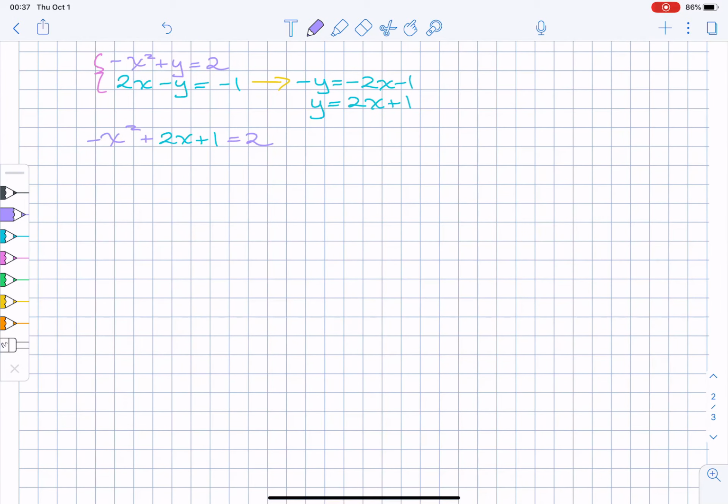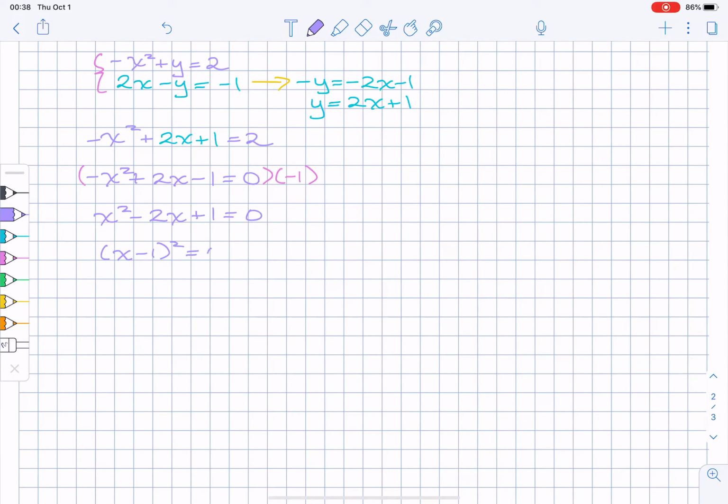So subtracting 2 from either side, we get negative x squared plus 2x minus 1 is equal to 0. Multiplying through by a negative 1, we get positive x squared minus 2x plus 1 is equal to 0, and that, of course, is a perfect square trinomial.